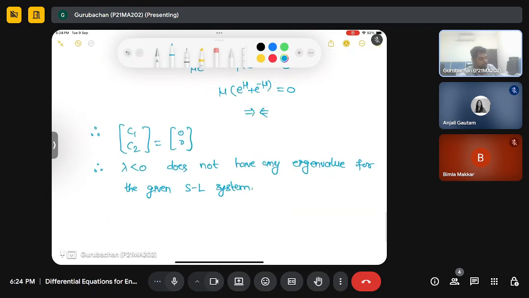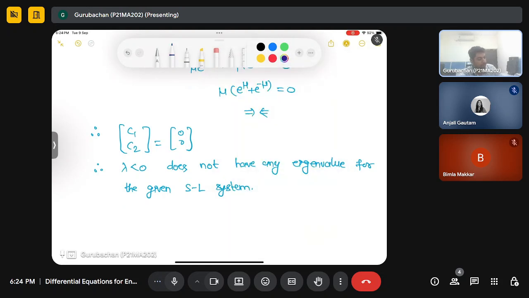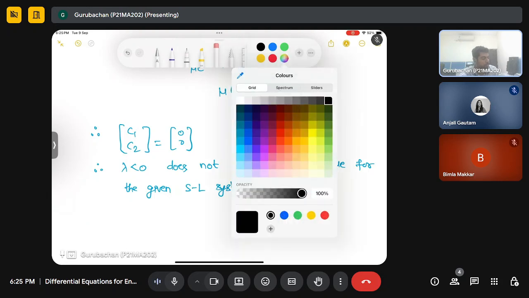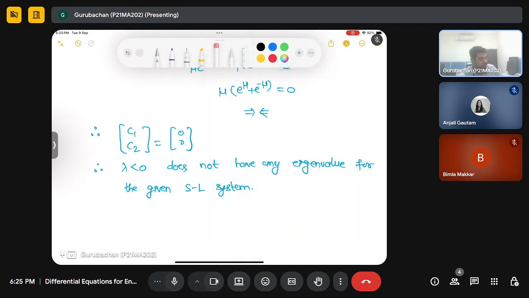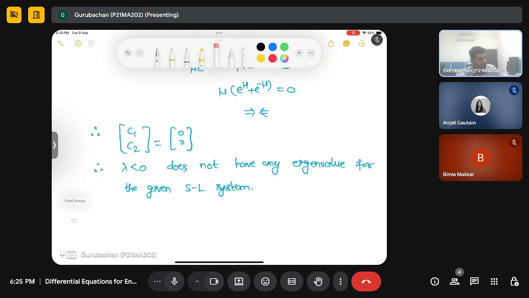The next case left is lambda greater than 0. So the last case is lambda greater than 0. Again, what will you assume?